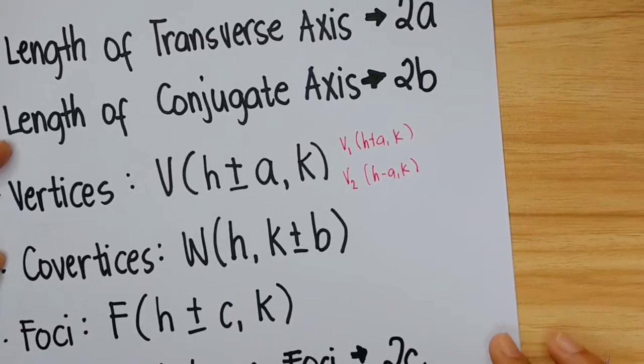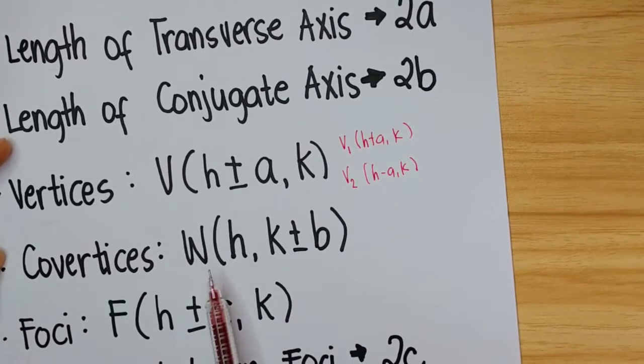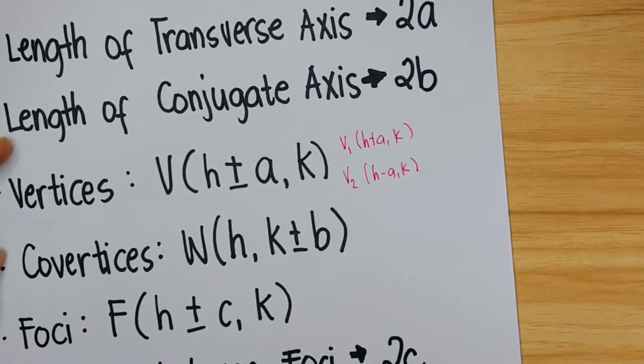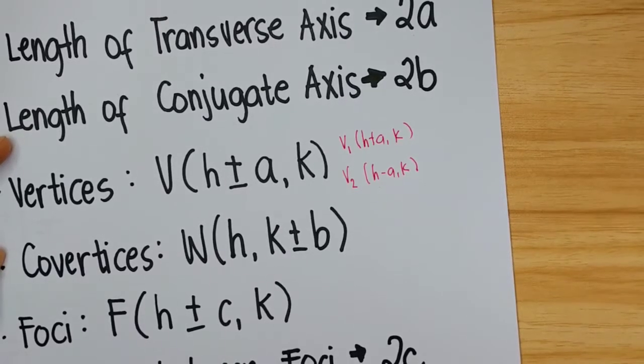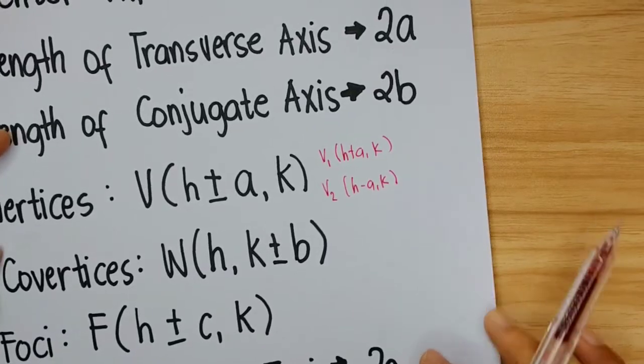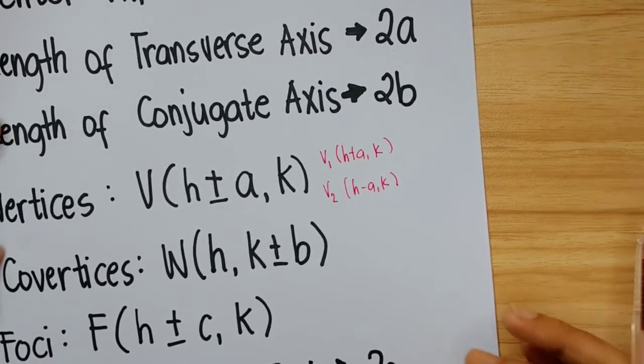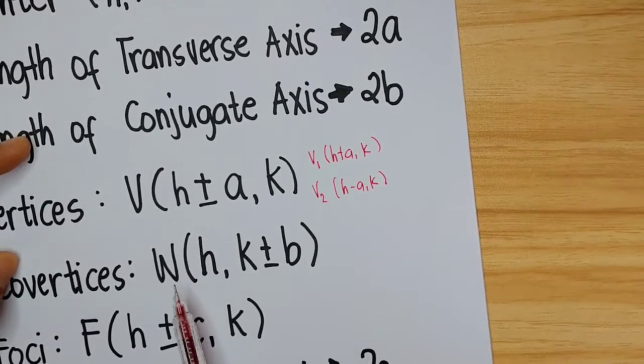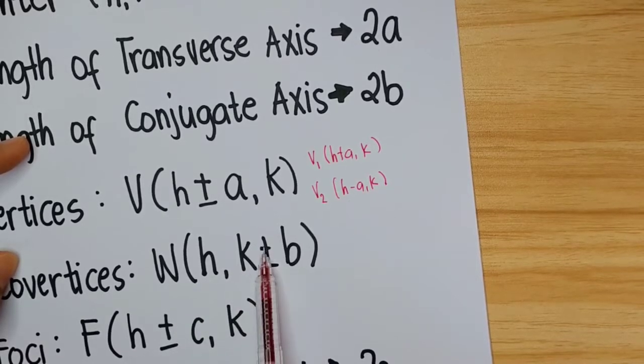For the co-vertices, we denote them by W, the same symbol we used for the points in the ellipse, and we use it for the hyperbola so we don't get confused. We have W at (h, k plus or minus b).